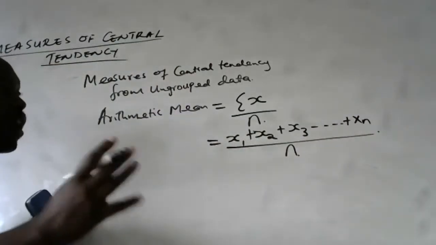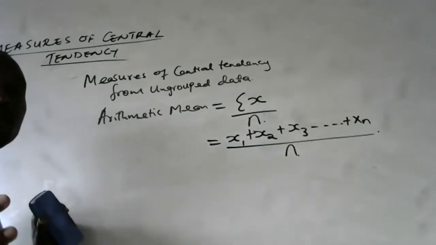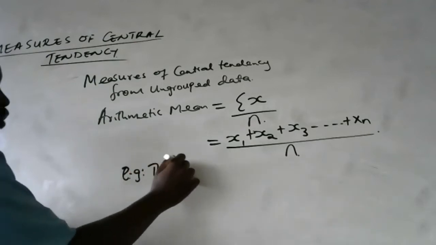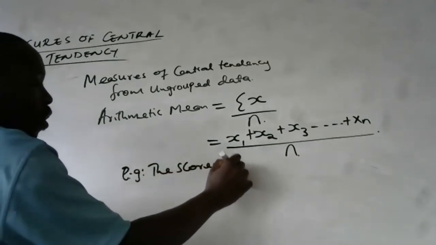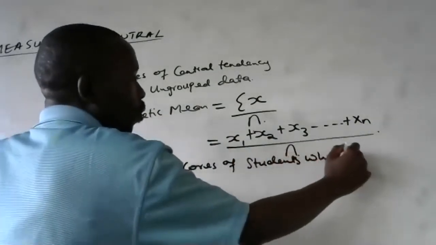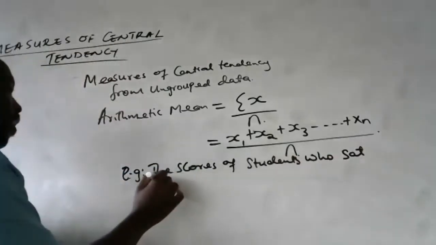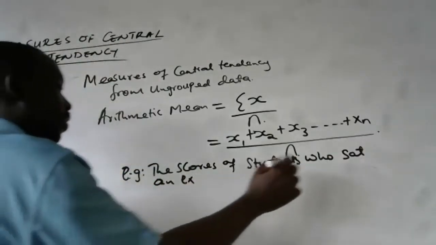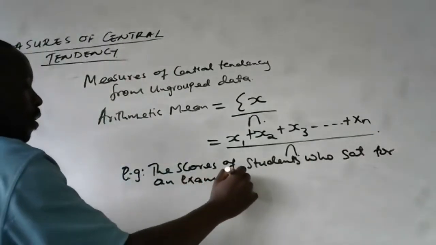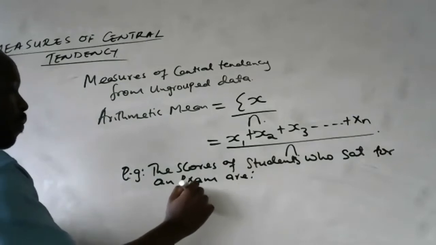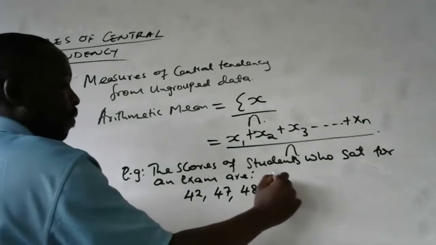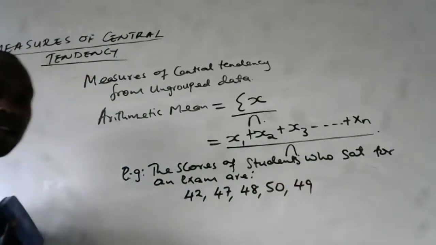So x1, x2, x3, up to xn are simply the values, e.g., the scores of students who sat for an exam are 42, 47, 48, 50, 49, like that.